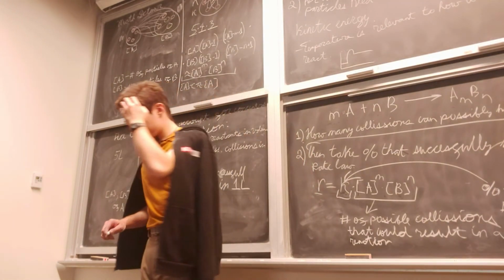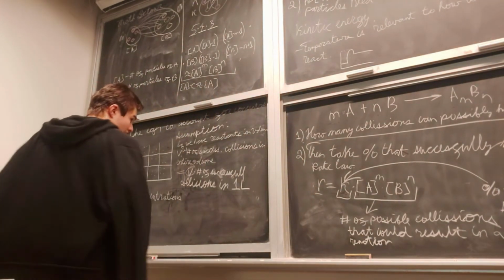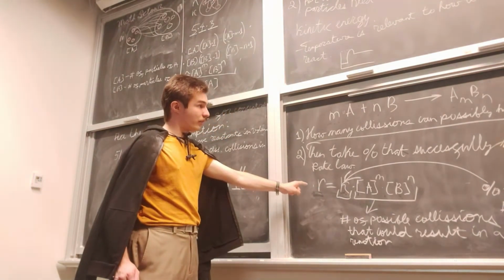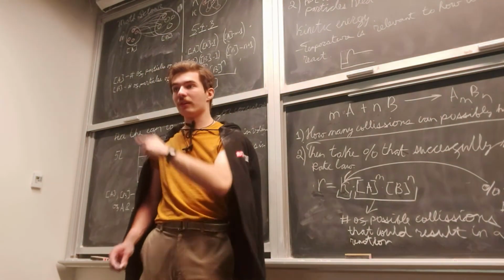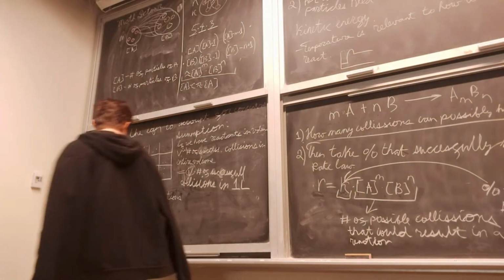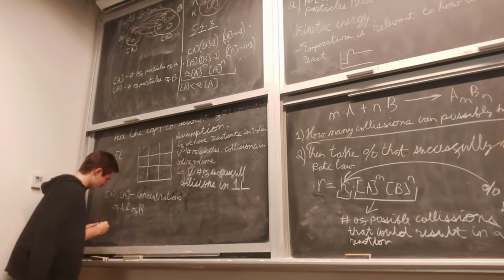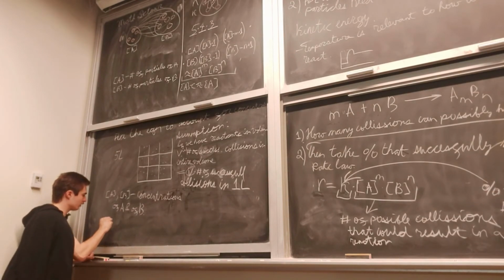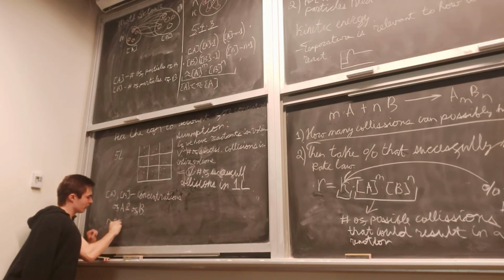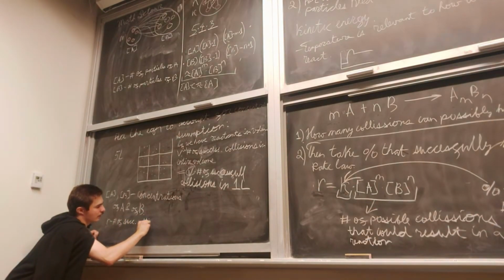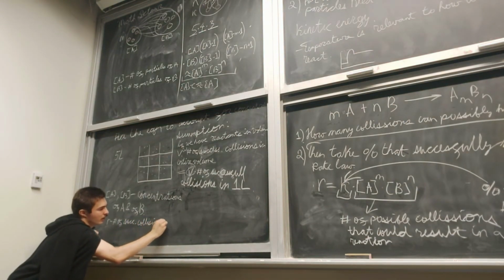And now what do we get? We get that R is now the number of successful collisions in a single liter. So R is the number of successful collisions in 1 liter.